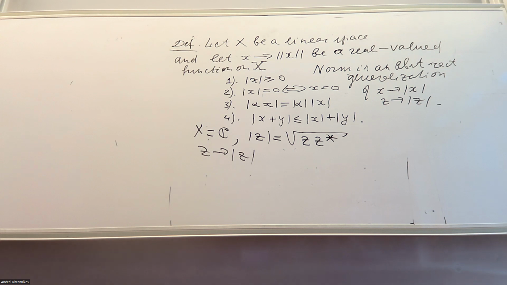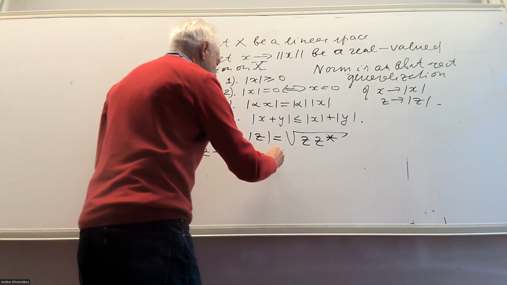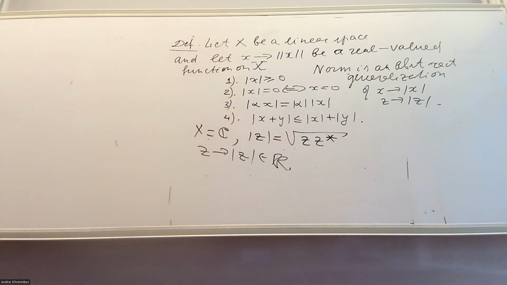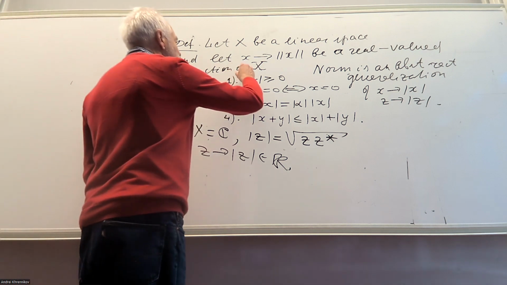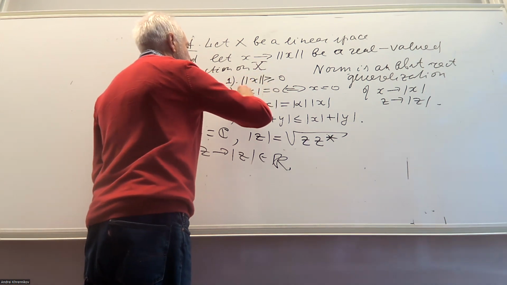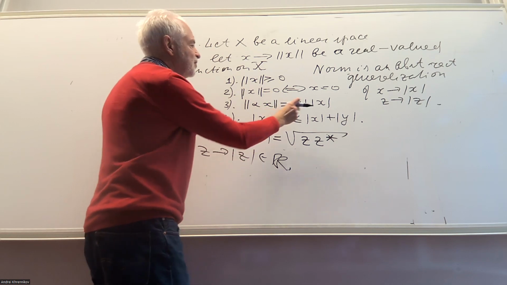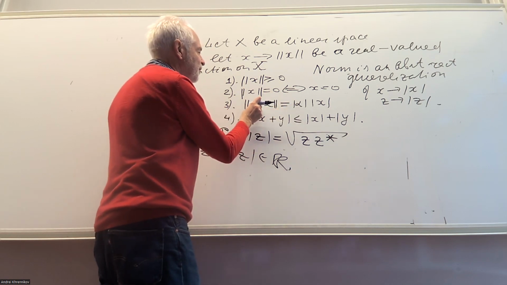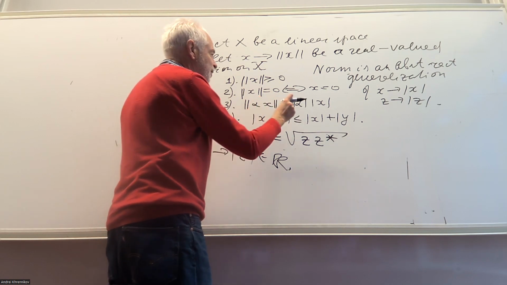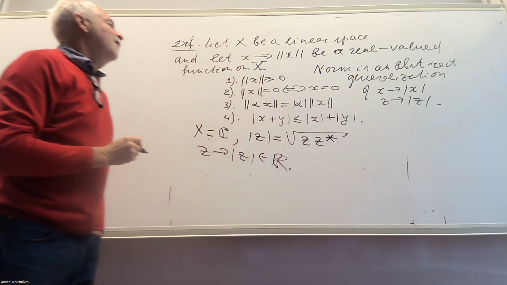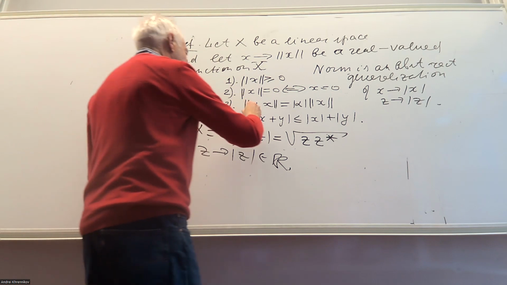So this is a real number. Now we make these axioms, just putting the norm everywhere. But not everywhere, because now alpha is a number, real or complex, and x is a vector. Only here and here.